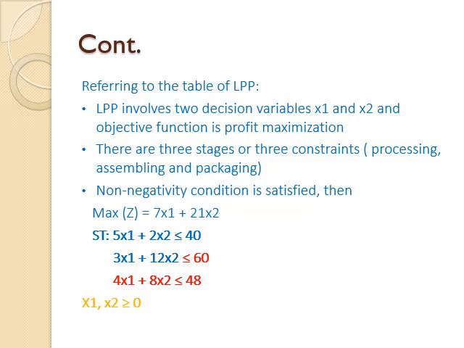The second constraint states that 3x1 plus 12x2 is less or equal 60. 60 is the time available for the process of assembling.